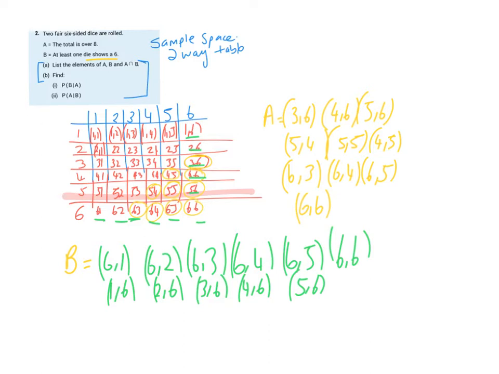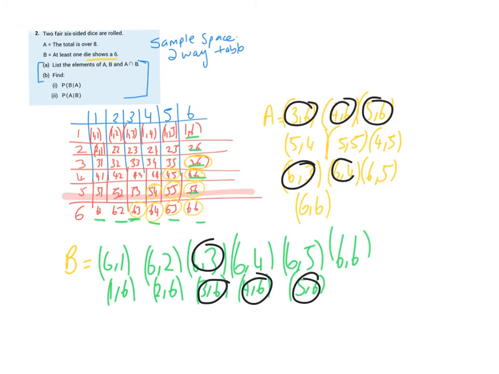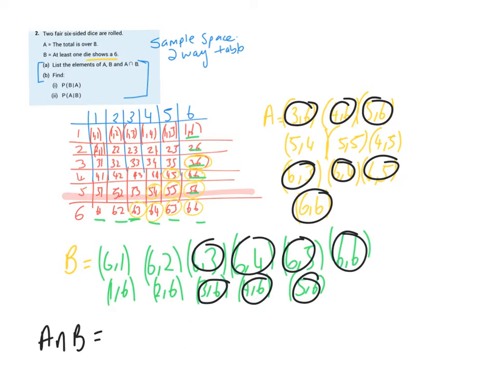The probability of A intersection B happening: they both have a 3, 6, 4, 6, 5, 6, and 6 and 3, 6 and 4, 6 and 5, and a 6 and 6. So there are 7 chances of that happening. I think we have to list them, so you'd say A intersection B is equal to, and write down all of the ones I've circled there.